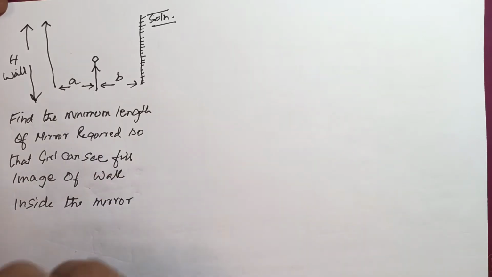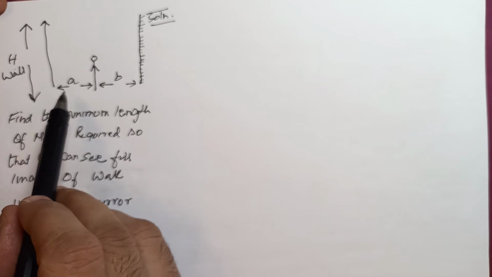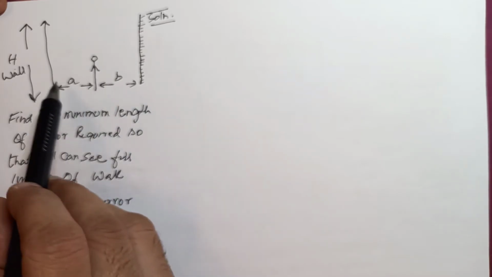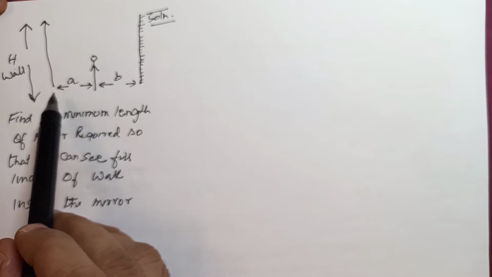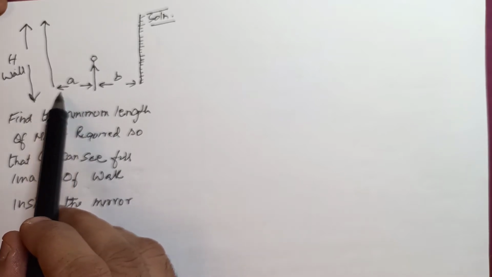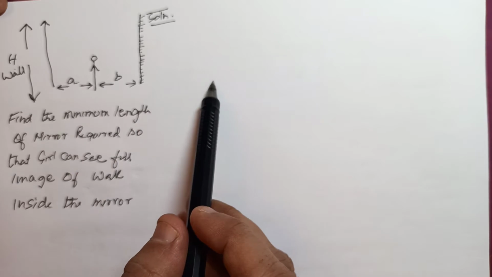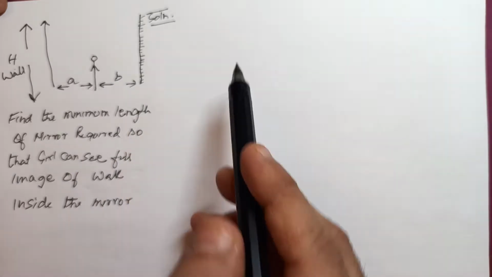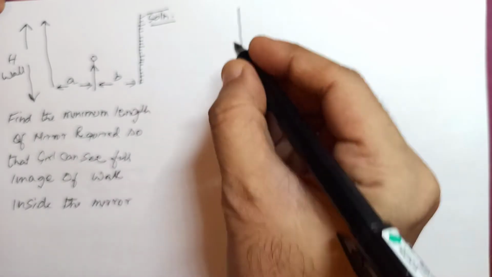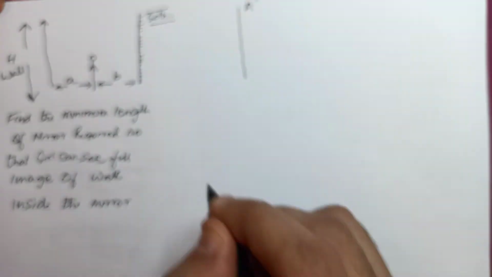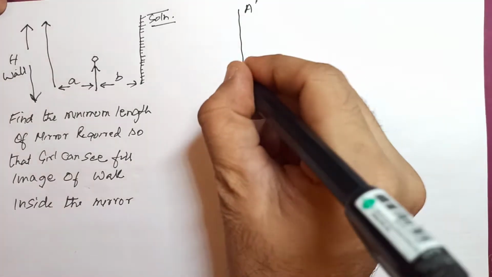So first thing is, as we have been doing it, this is a distance, b distance, this is a wall, right? At a distance a plus b, let's draw an image. Okay, so this is now a dash and b dash.